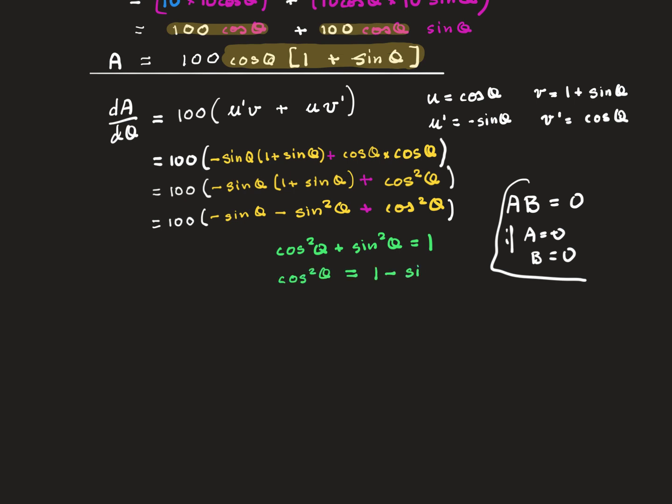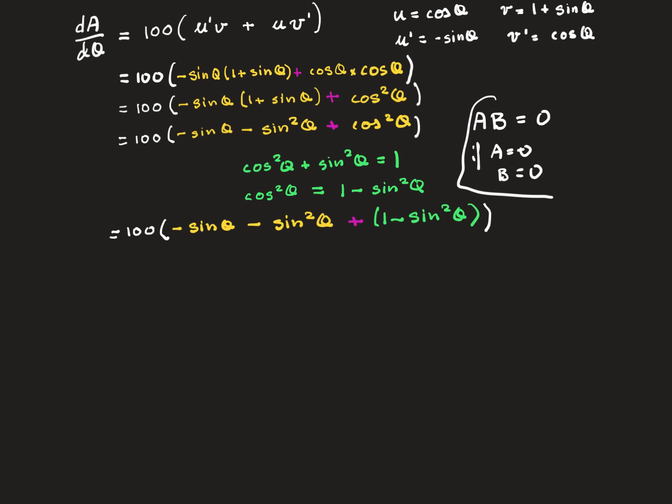So that will mean now that I have this, so I can now substitute cos squared theta in here. Step by step, I'm just trying to show you what is actually happening over here. So I'll have minus sine theta minus sine squared theta plus 1 minus sine squared theta.